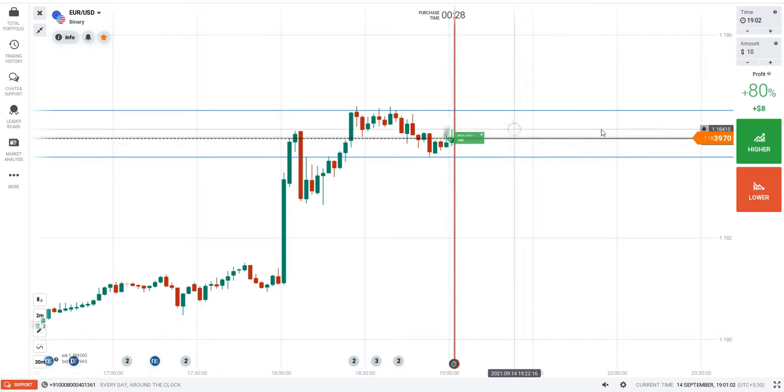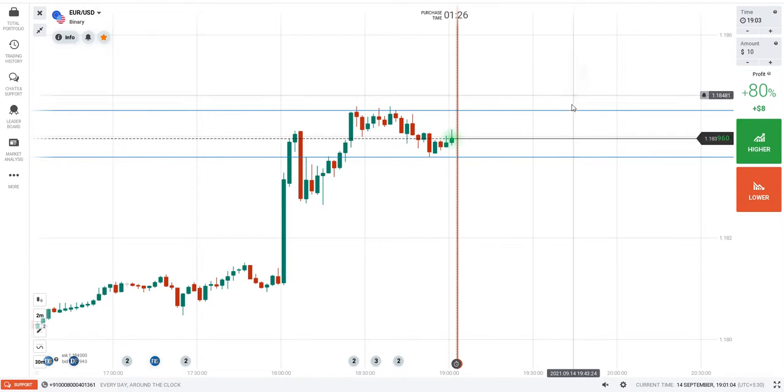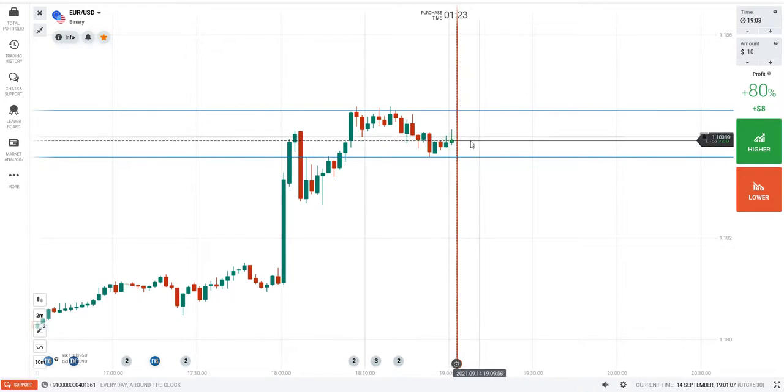So this is a winning trade, so I'm going to take another trade after this candle completes.